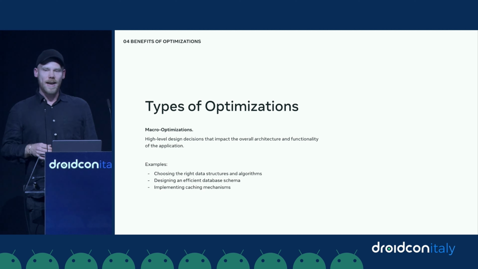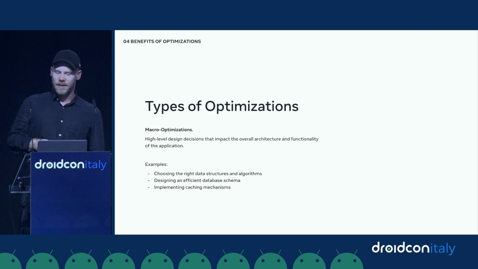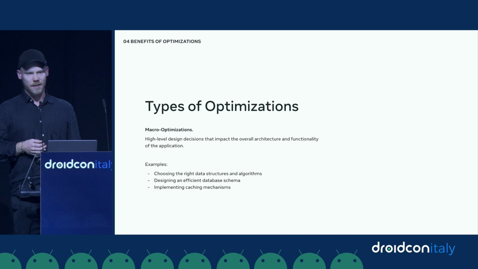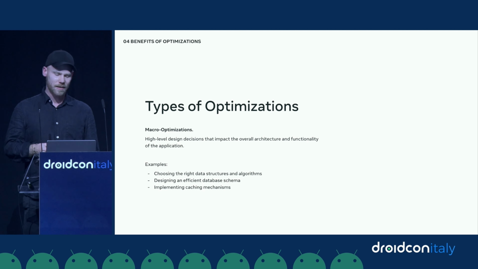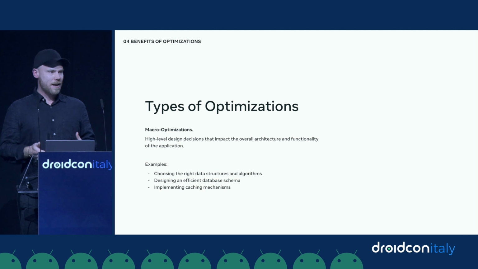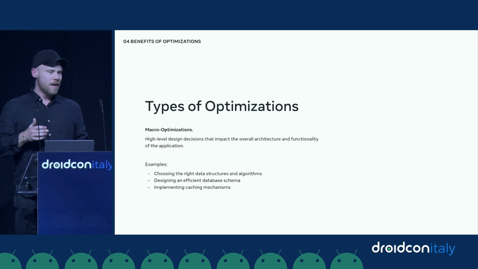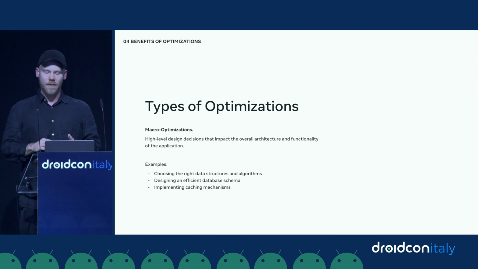So if we break it down into types of optimizations, the first one would be macro optimizations. We will look at the micro optimizations in a bit. But first, what are the macro optimizations? These are usually high-level decisions that influence how we build our code, our software, how we architect things. It's, for example, choosing the right data structure and the right algorithm for our data.